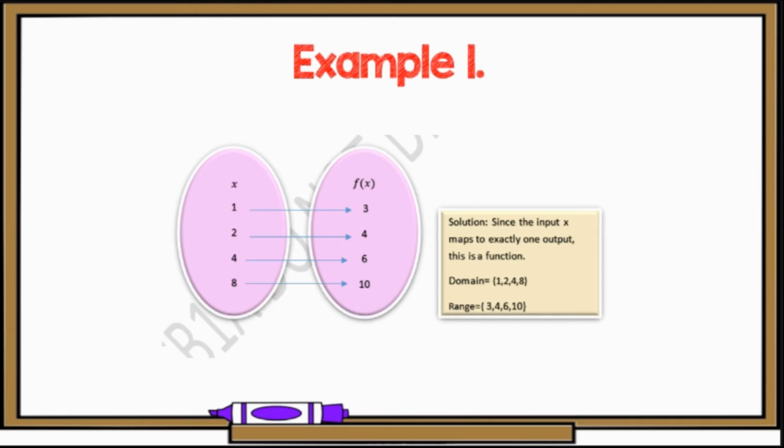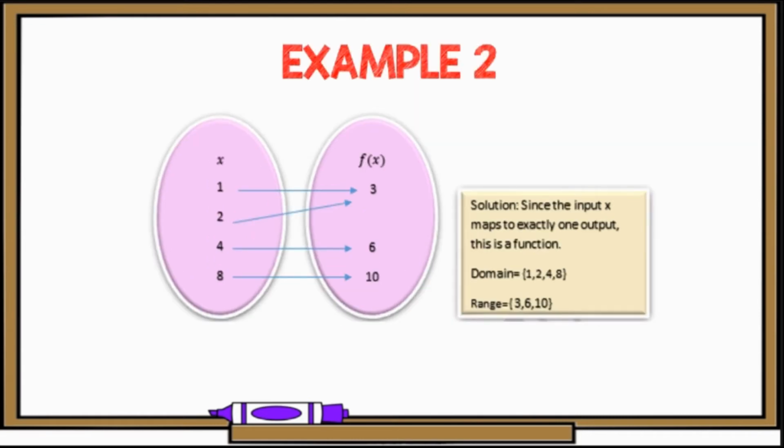Notice that every input x, 1, 2, 4, 8, maps to exactly one output. 1 is mapped to 3, 2 is mapped to 4, 4 is mapped to 6, and 8 is mapped to 10. Therefore, this is a function. For the solution, since the input x maps to exactly one output, this is a function. For the elements in the domain, we have 1, 2, 4, 8, and for the range, we have 3, 4, 6, and 10.